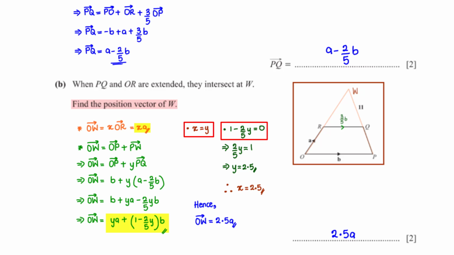When we simplify this and make y the subject, we get y equals 2.5. Since x is equal to y, then x is also equal to 2.5. When we put the values of x and y in either of the equations for OW, we get the same answer, which is OW equals 2.5A.